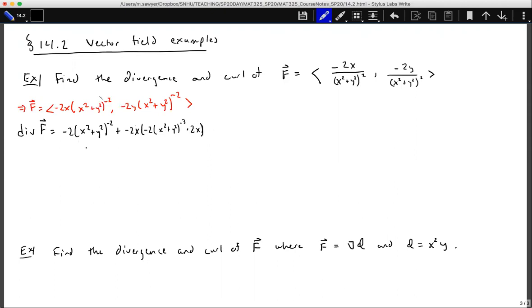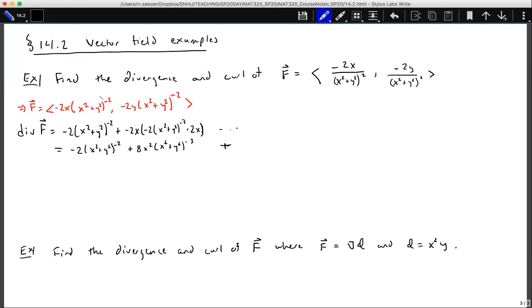And so this simplifies to negative 2 (x squared plus y squared) to the negative 2 plus, and then we've got negative 2 times negative 2 times 2, so that gives me 8x squared times (x squared plus y squared) to the negative 3 power. And I know that this is going to be the same piece for the other function with respect to y because of symmetry.